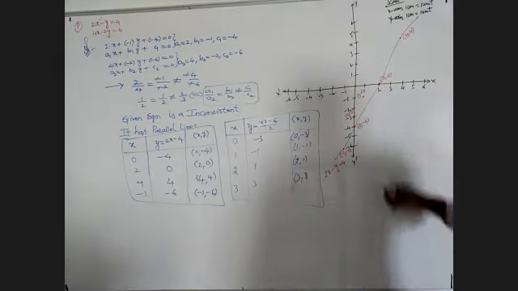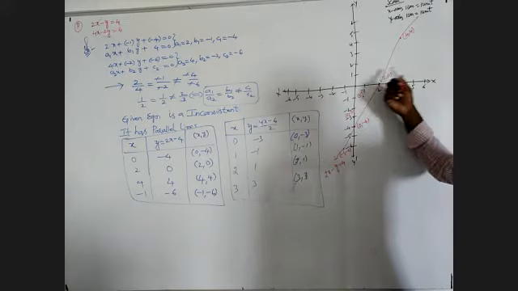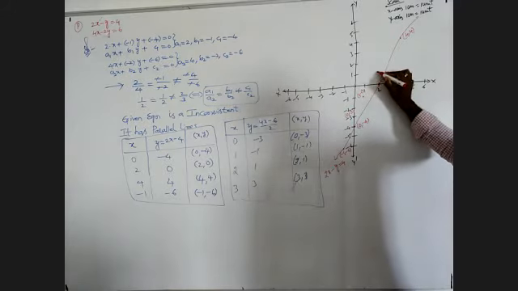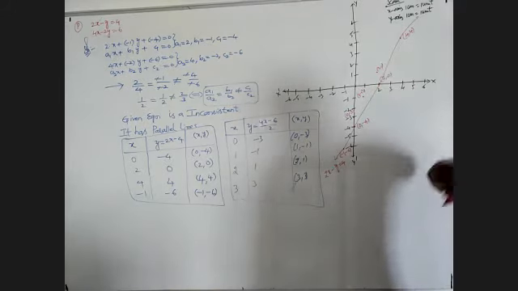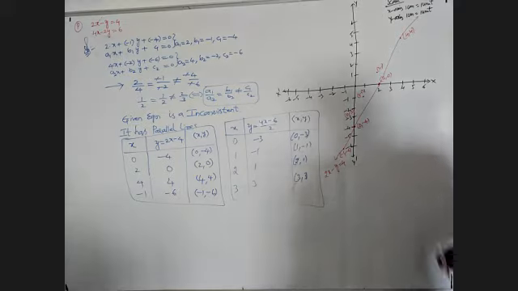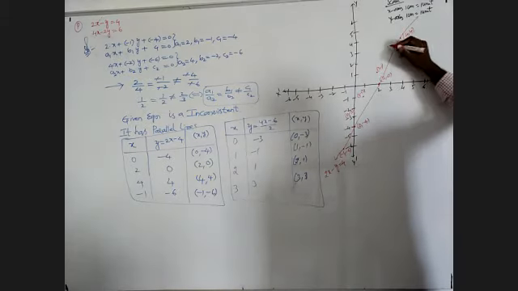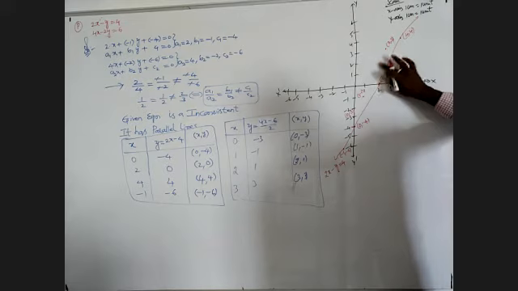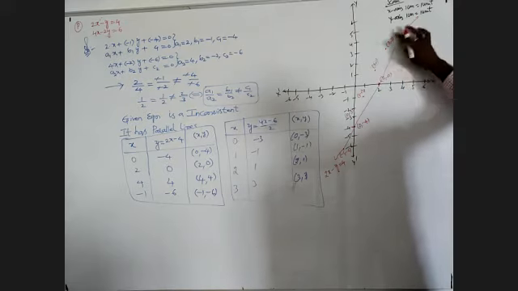After that we take 2 comma 1. This is 2, this is 1. Plot it as 2 comma 1. After that I have to take 3 comma 3. This is 3 and this is also 3. Name it as 3 comma 3. This is 2 comma 1, and this is 3 comma 3.